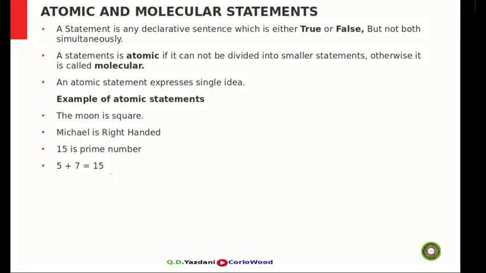Alright, now we begin with the first one. The moon is square. Is the moon square? Negative. Our first statement is false, or I can just write simply F. Michael is right-handed.